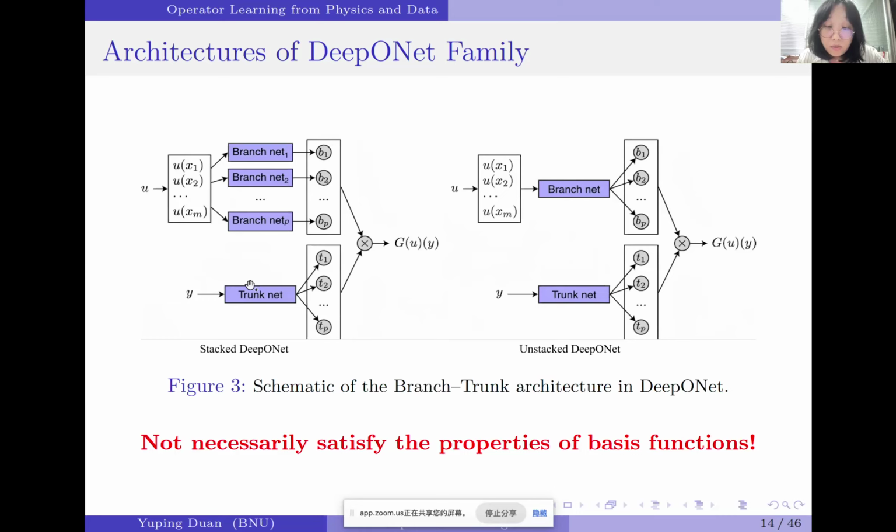So linear dependence, completeness, and numerical stability are not guaranteed. As a result, the representation can become redundant or ill-posed, making the coefficients less interpretable, and the approximation less stable.